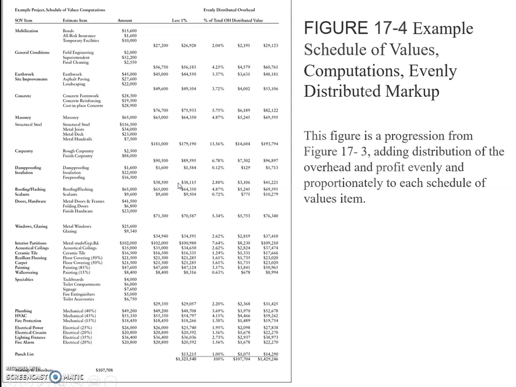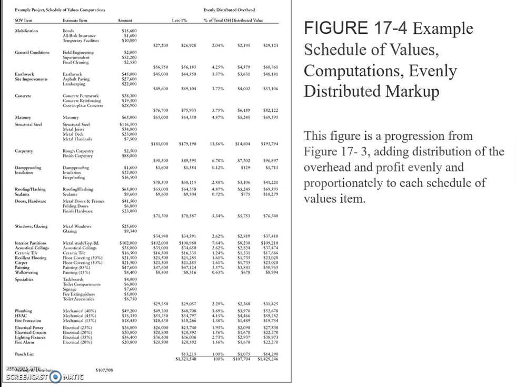Next is this example for a schedule of values computations for the evenly distributed markup. Actually, this figure is a progression from the previous figure, adding a distribution of the overhead and profit evenly and proportionately to each of the schedule of value items.